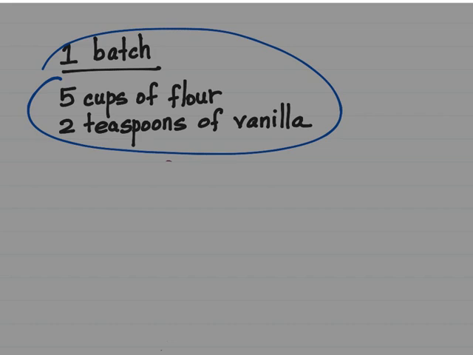Okay, next we'll see the value that is shown is for one batch. For one batch of cookies we need 5 cups of flour and 2 teaspoons of vanilla. With this value we have to calculate for 2 batches.